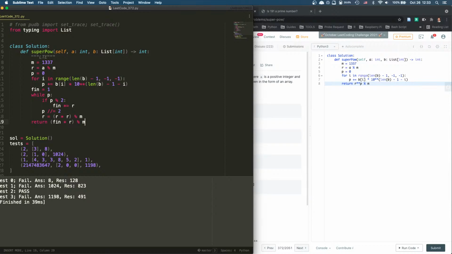Huh? Hold on. So we get R, right? We get R, that's fine. And then we get a P, right? And then now we're looking at R to the P mod n, right?